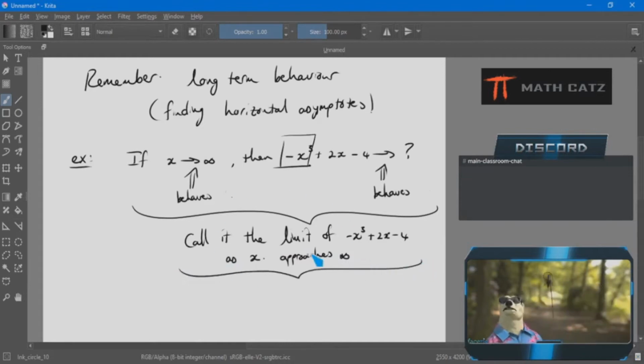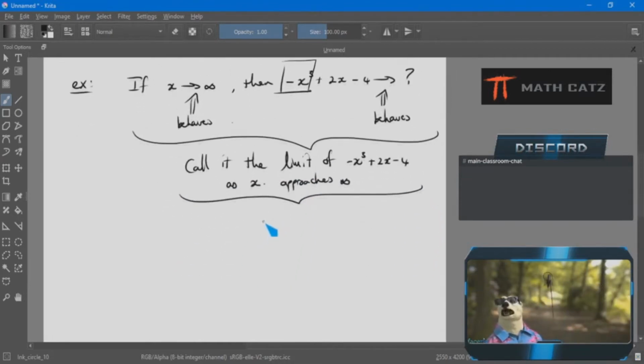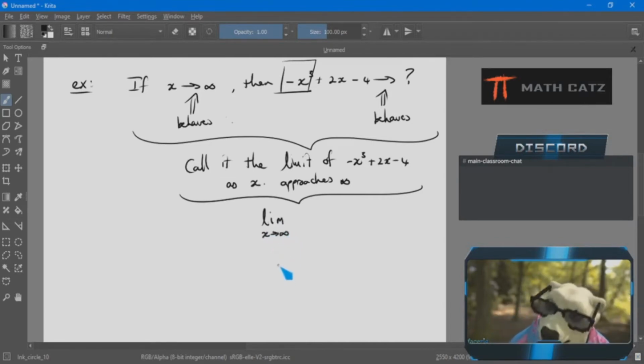And now I'm just going to make this a little bit more compact. We're going to write L, I, M for limit. I'm going to say underneath that the behavior of x. And then I'm going to have my function maybe in brackets. Maybe it's just a function name, whatever the function is.